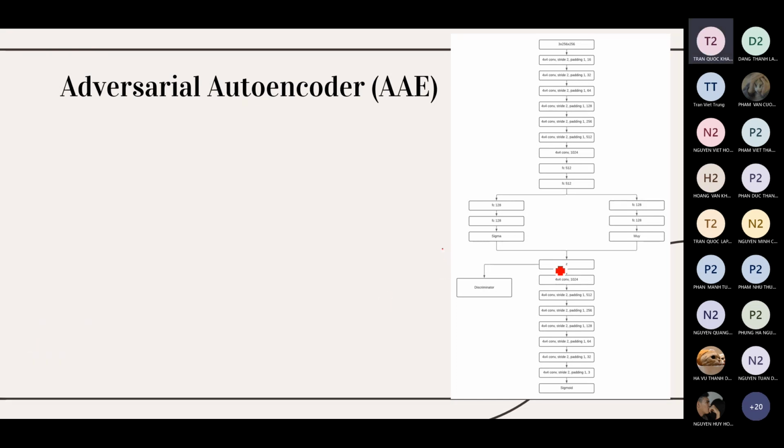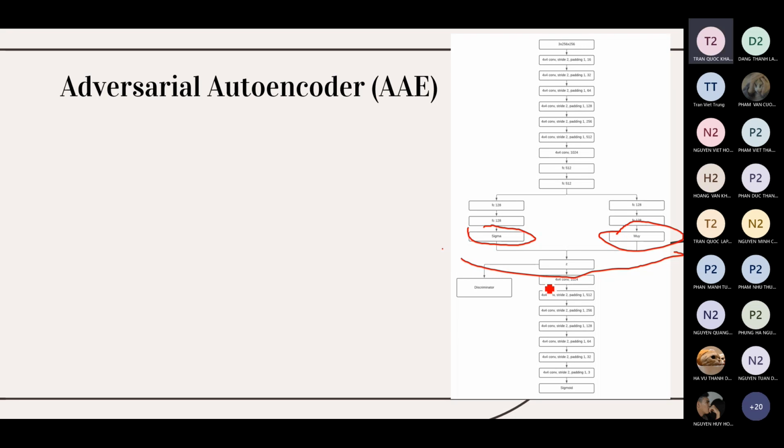The upper part here is the encoder, and the encoder will take the image and output a sample from a distribution, and you can see the mean here and the standard deviation.